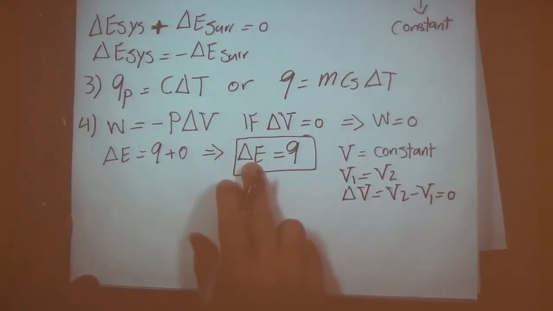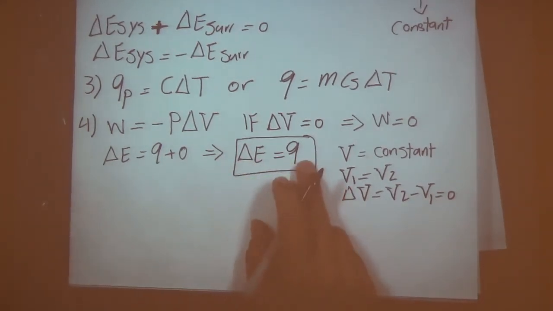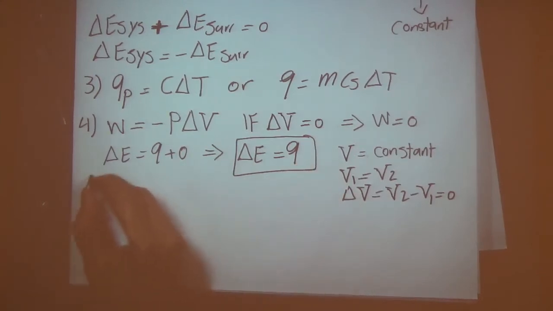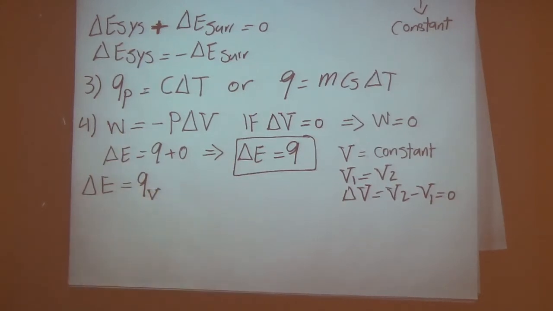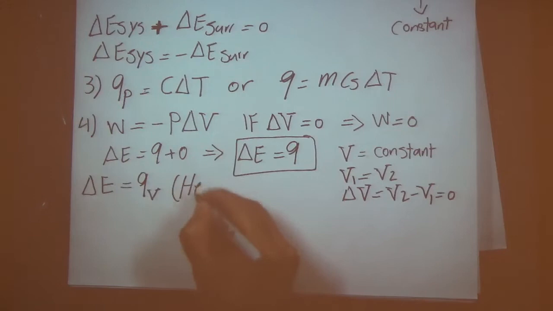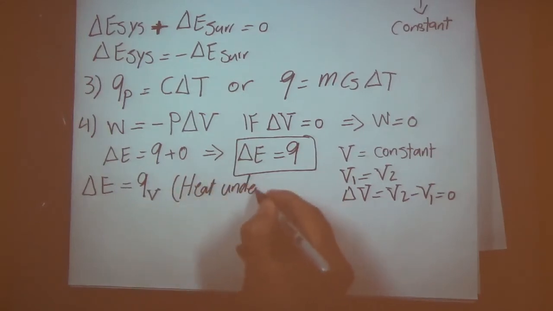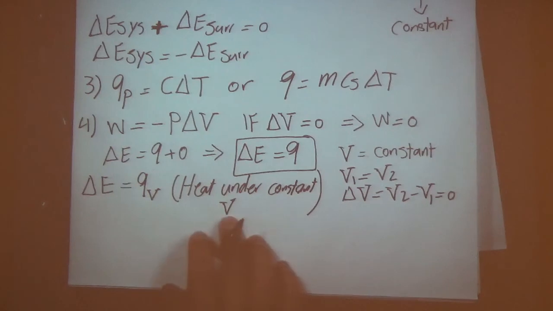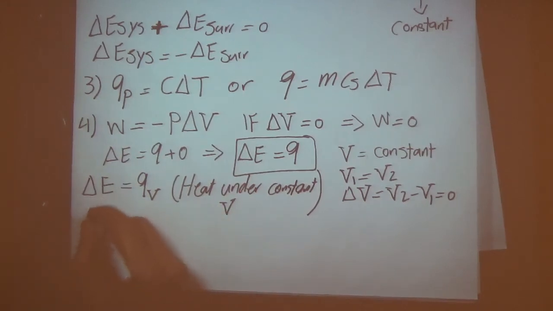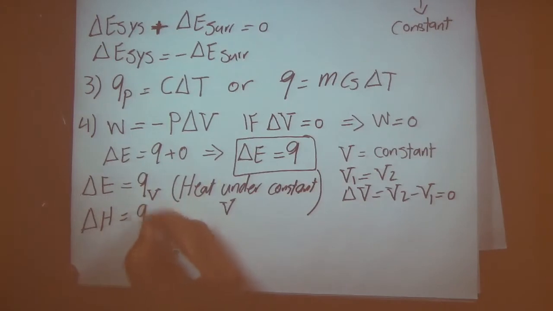I got delta E equal to Q. How did I get this one? I got it when the volume was constant. So delta E equal to heat when the volume is constant. We call this heat under constant volume. This one is going to be different than delta H, which is equal to heat under constant pressure.